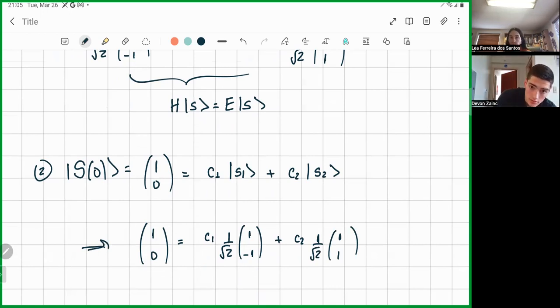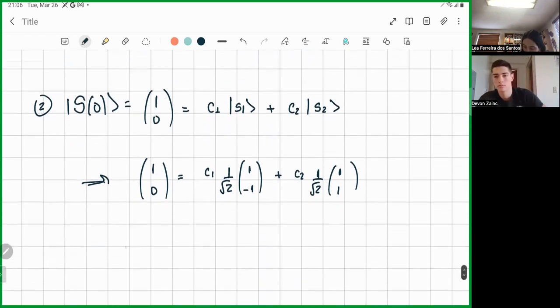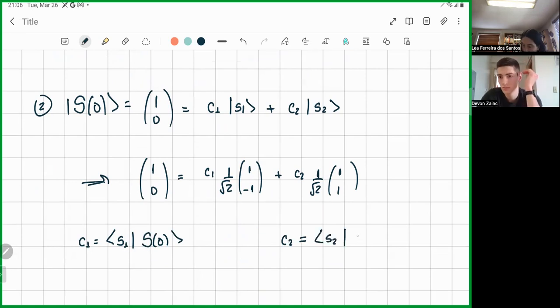Now, it's up to you what you prefer. If you want to go like that, or if you want to follow what we used to do, which is the same thing. But what is it that we used to do? We would put C1 is the inner product, no, the bracket between S1 and the initial state. And C2 is the same, but now with S2.